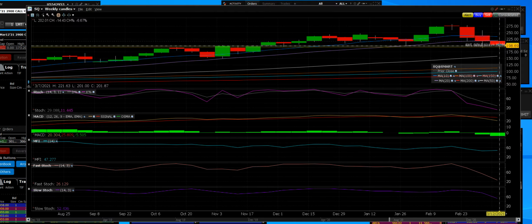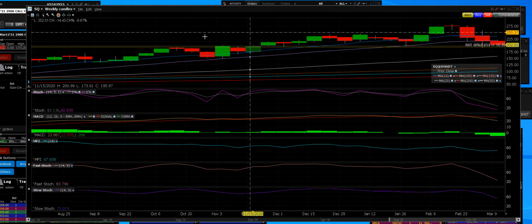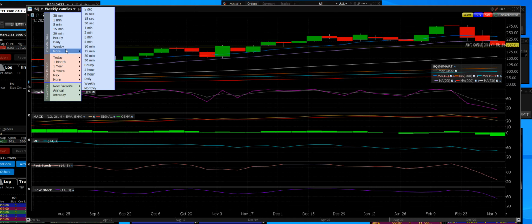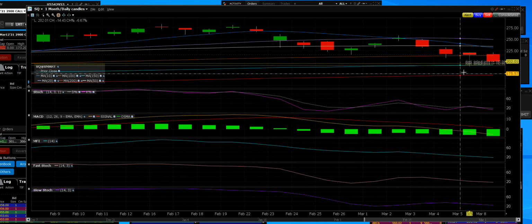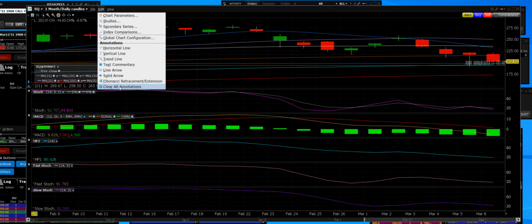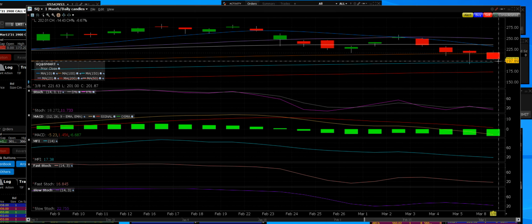And it's pulled back to support on the weekly. And that weekly stochastic is right about where it should be. If we take a look at a 1 month daily, we're testing here. Let's do this so you can see it clearly. I don't want that in your way.